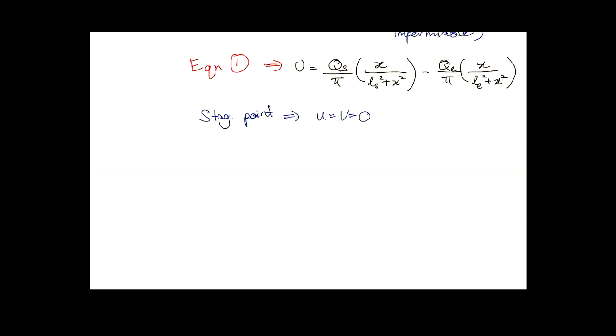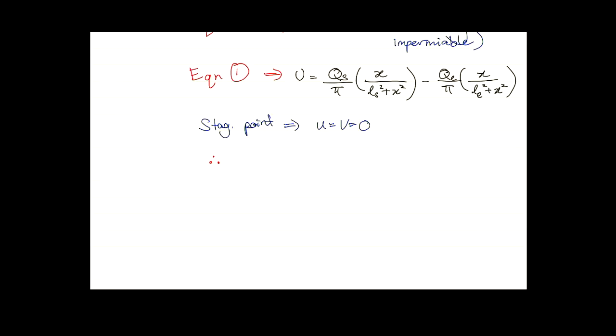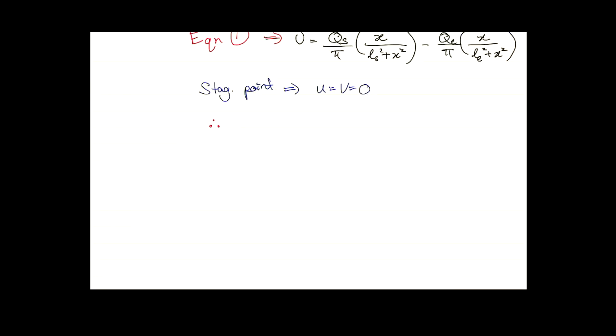Therefore, for u to be 0, this term has to be equal to this term, right? So I'm going to rewrite it as qs xs over ls squared plus xs squared equals qe xs over le squared plus xs squared.